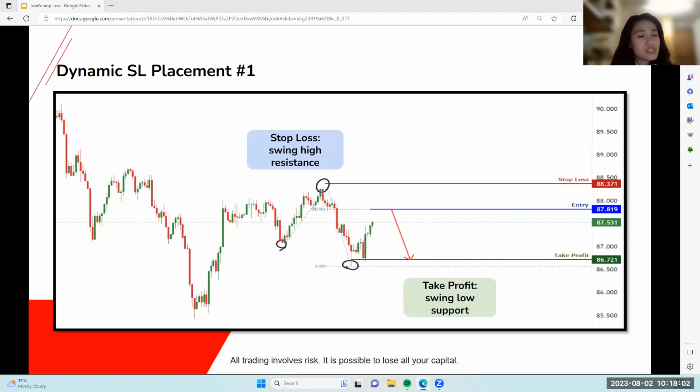Here we have price bouncing nicely off of the support level at 86.721. We're expecting it to reverse off the entry at 87.819, which is in line with this 100% Fibonacci projection level. Then our stop loss is placed at this swing high resistance here.